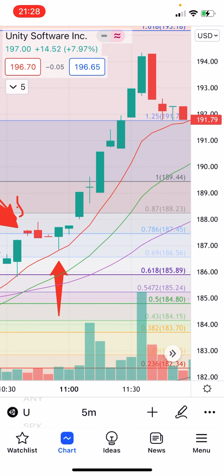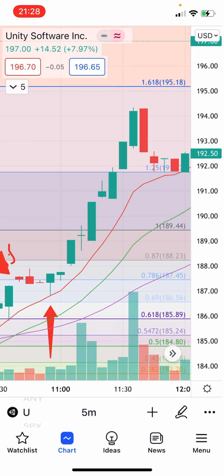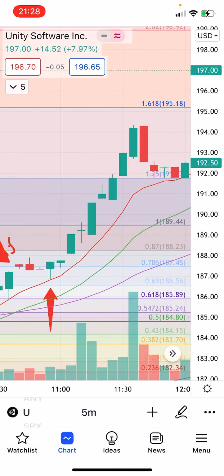Now, as it takes new major support levels, and remember these are the darker default Fibonacci levels, as it takes these new levels and remains above, gaps up, opens and closes above, you're going to keep moving the stop up.